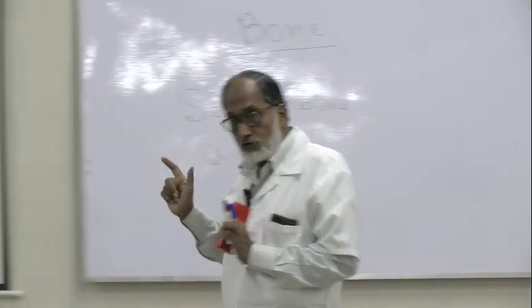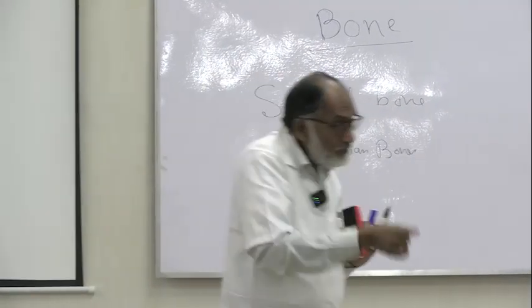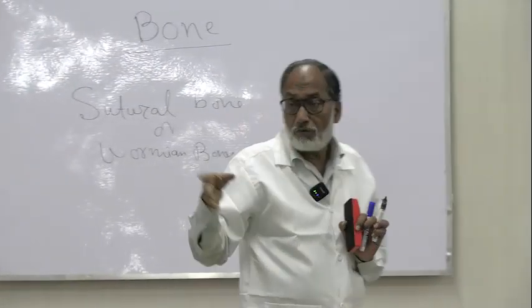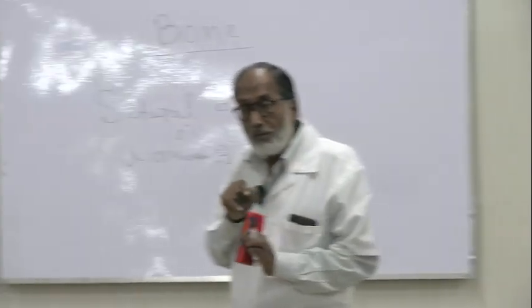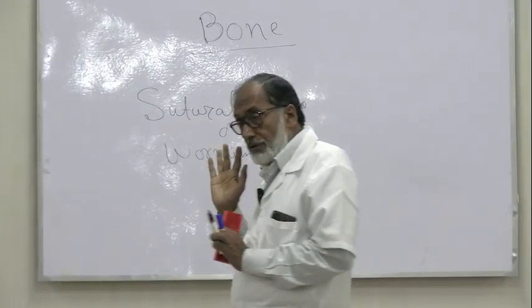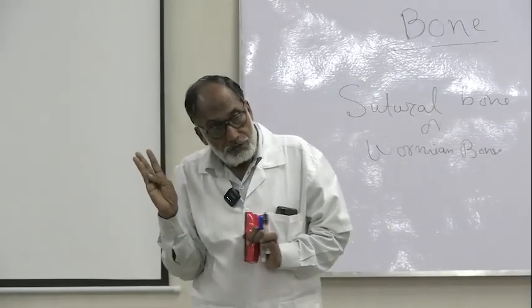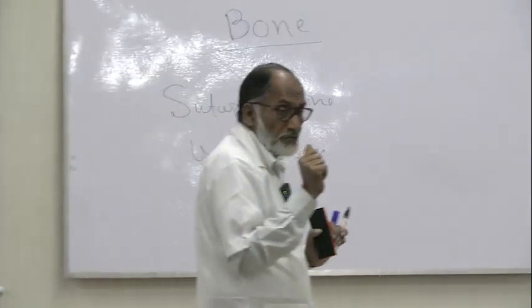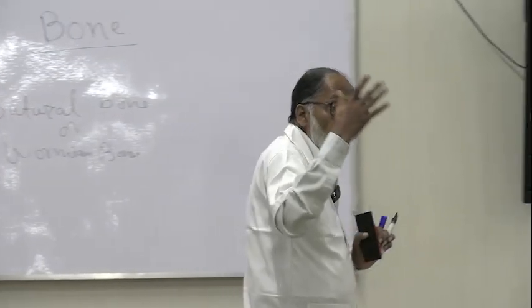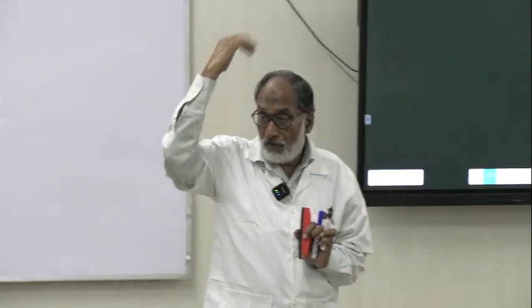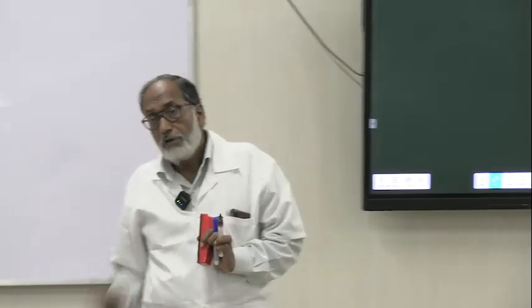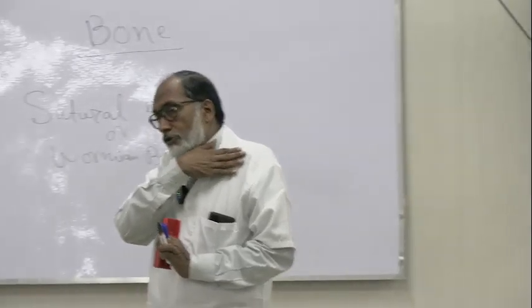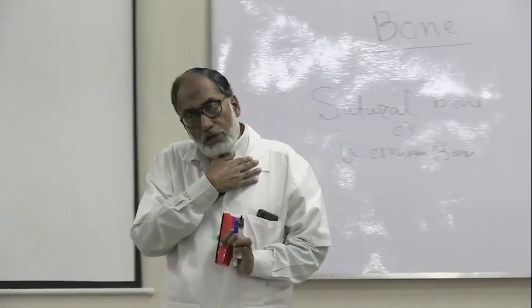In long bones, you will get a marrow cavity, and they generally develop from cartilage. These are two points against. And one more point against is that all long bones are vertically oriented, but this is horizontally oriented, right?